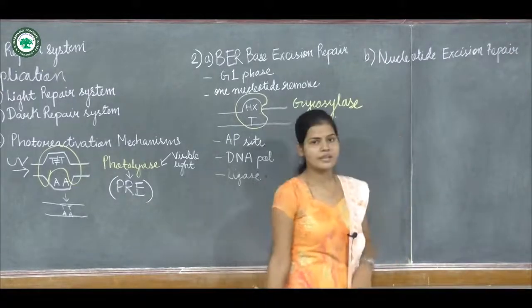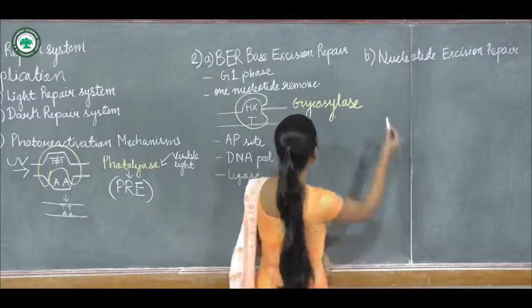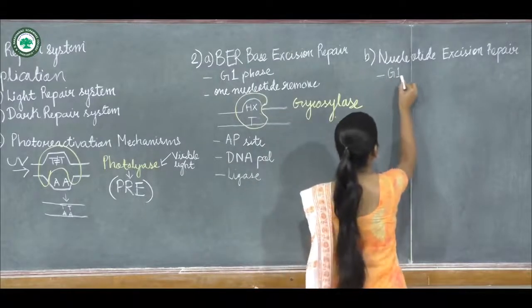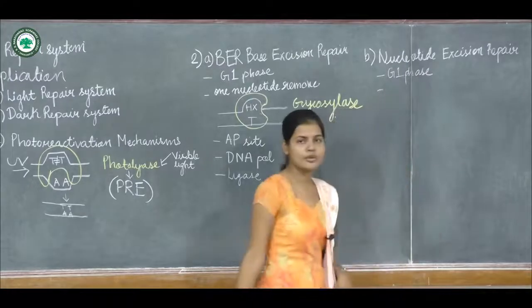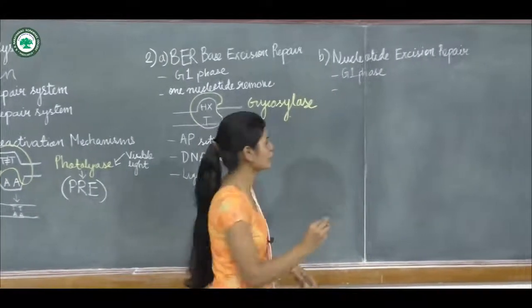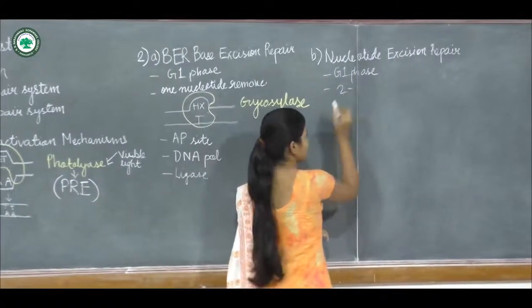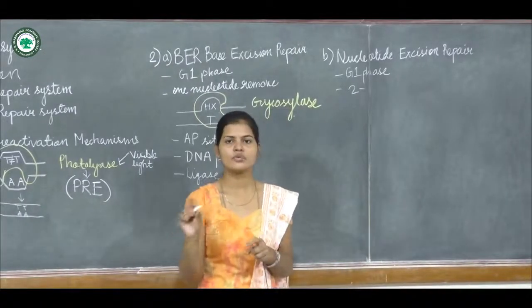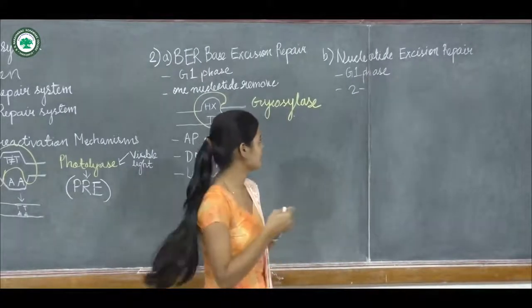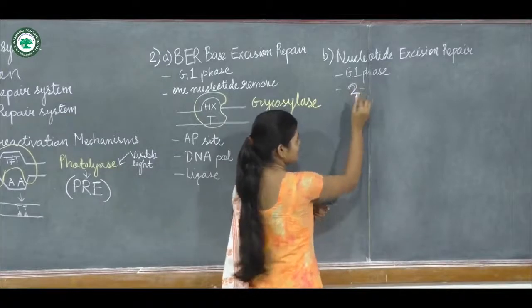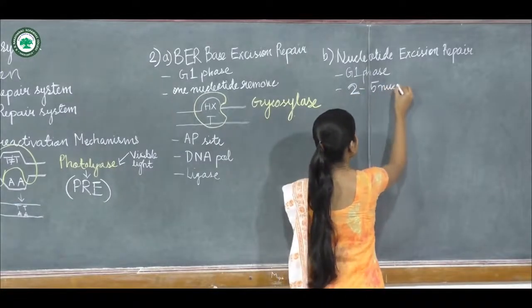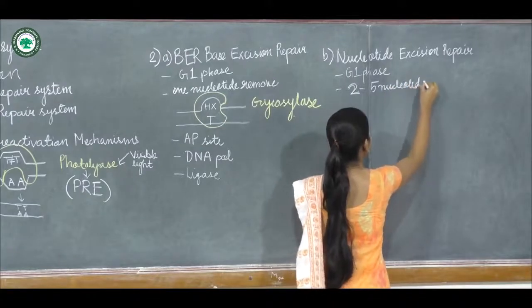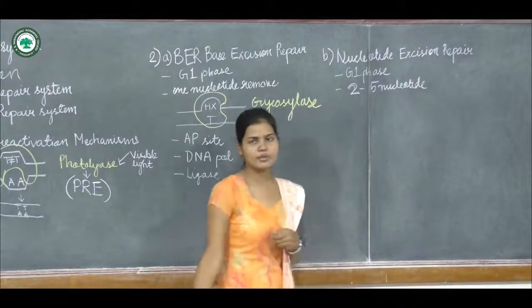It occurs in the G1 phase of the cell cycle. There is removal of 2 to 5 nucleotides, means a comparatively longer sequence, a long length strand will be removed, that is 2 to 5 nucleotides will be removed.